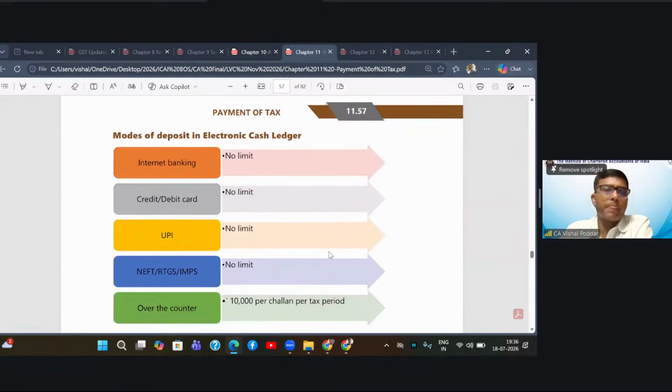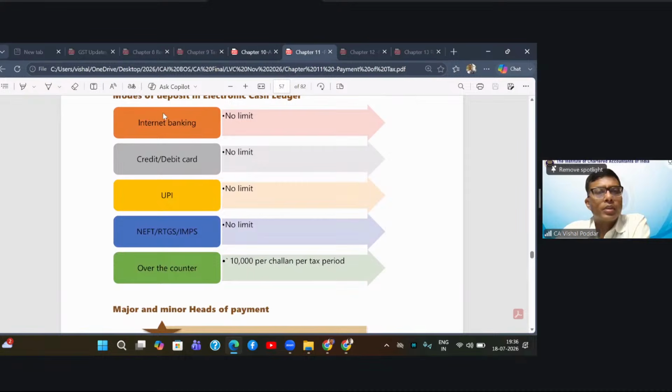Now, how to deposit money? Where you want to deposit money in the cash ledger, you can use all these modes. As you can see, for all the online modes like internet banking, debit card, credit card, UPI, NEFT, RTGS, there is no limit. Any amount of money can be deposited in your cash ledger through these mediums.